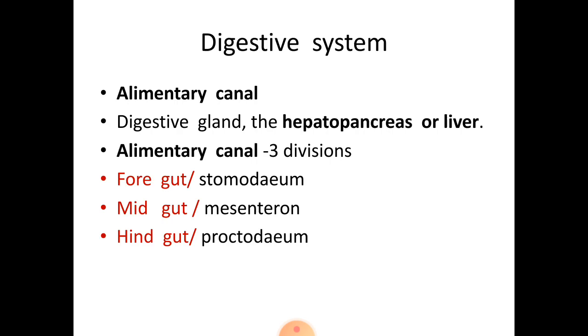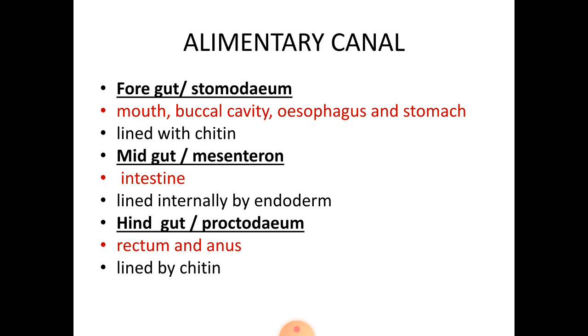This is the digestive system of Penaeus, which consists of mainly two parts, the alimentary canal and a digestive gland called the hepatopancreas or liver. The alimentary canal has three divisions: foregut or stomodeum, midgut or mesenteron, and hindgut or proctodeum. The foregut consists of the mouth, buccal cavity, esophagus, and stomach, and it is lined with chitin.